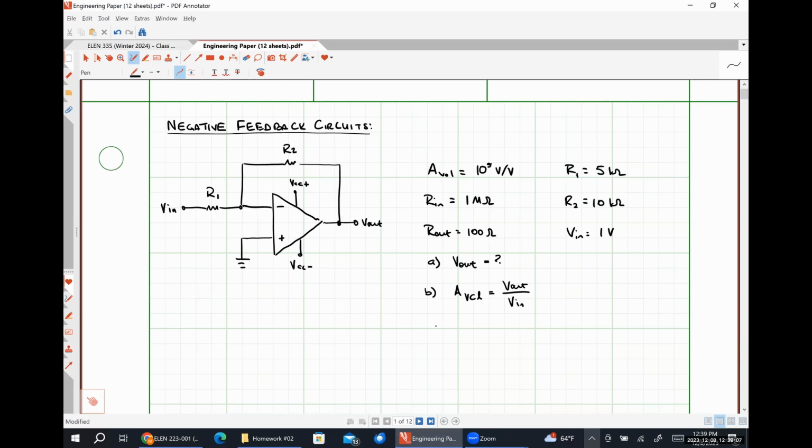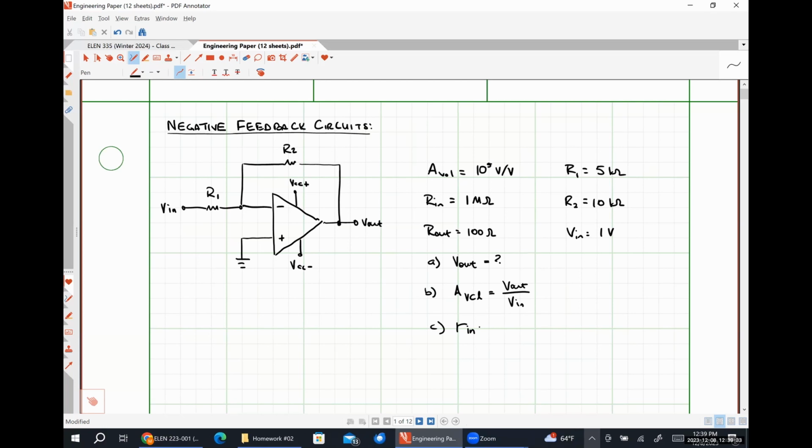Then I want us to determine our closed loop input resistance, which I'm going to denote with this lowercase Rin to differentiate it from the uppercase Rin, which is the input resistance of the op-amp itself. This closed loop input resistance is the input resistance of the entire circuit, of the entire system.